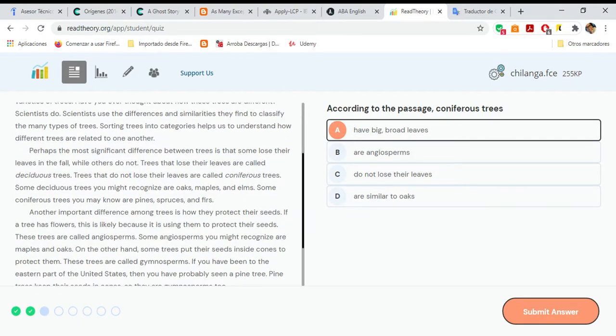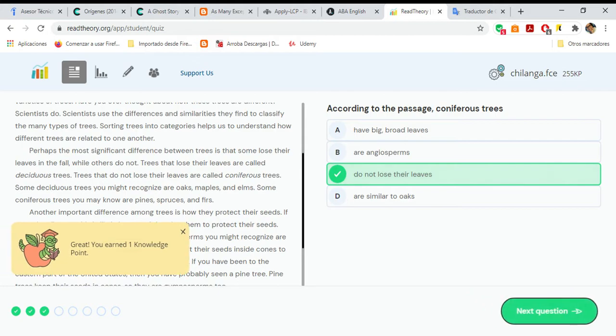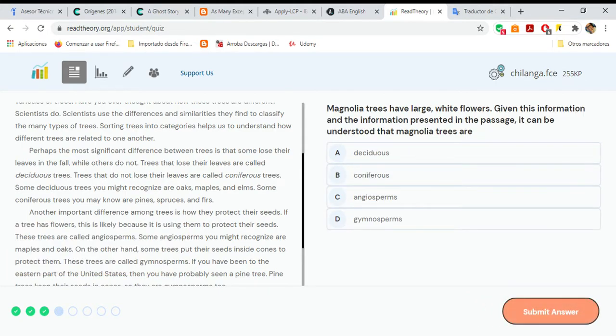How is it possible? Trees that lose their leaves are called deciduous. Do not lose their leaves. What a shame. Magnolia trees have large white flowers. Given this information, we know angiosperm.